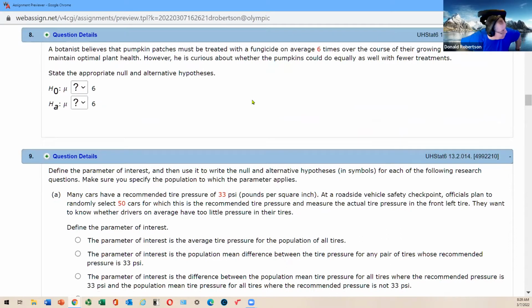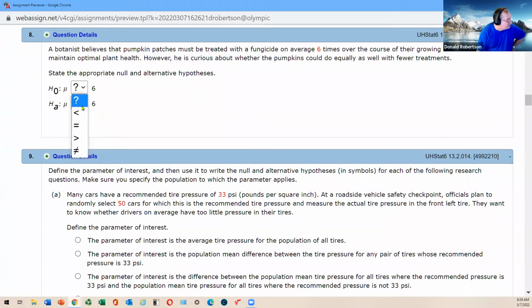Okay, here's another one of these setup stories. A botanist believes that the pumpkin patches must be treated with a fungicide 6 times in a year to get a good crop. Again, she's curious, so it's the same story, but they've given you a little bit less of a start.